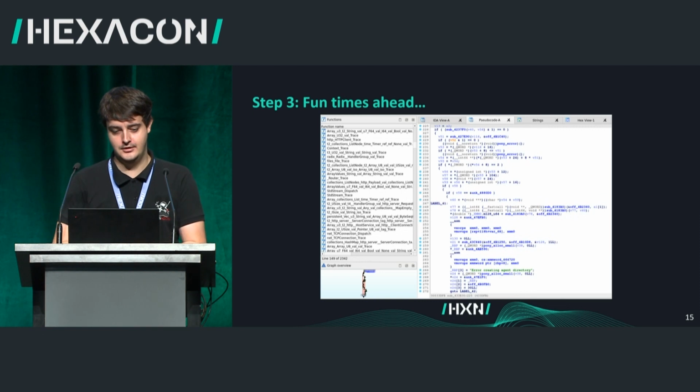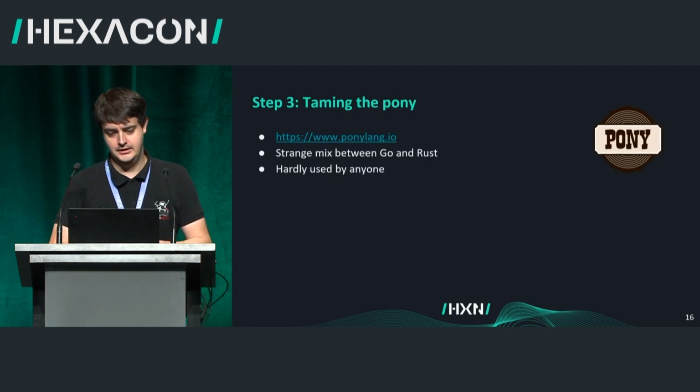That's the malware, which is a bit ugly. We left the function names, but the code is still a bit ugly to read. If you look at the function names, they hint at a language called Ponylang, which is a mix between Go and Rust.